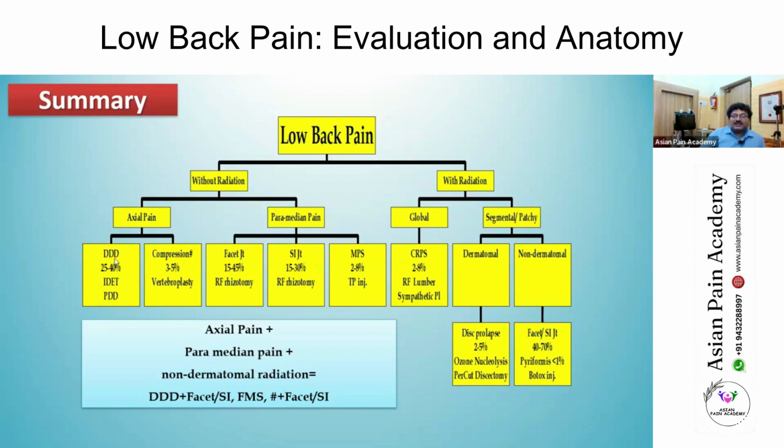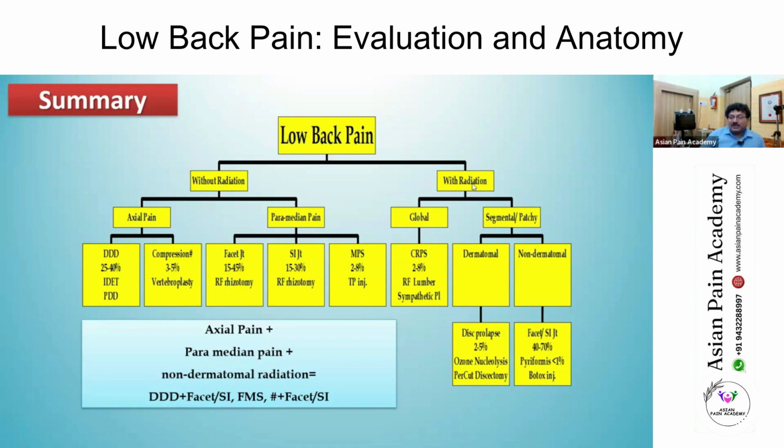In degenerative disc disease, usually we will go for the procedures for the degenerative disease, and in compression fracture, usually we go for vertebroplasty. If the pain is without radiation and paramedian, most probably it could be a facet pain or an SI pain or a myofascial pain coming from the muscles. So according to that, we have to do our interventions.